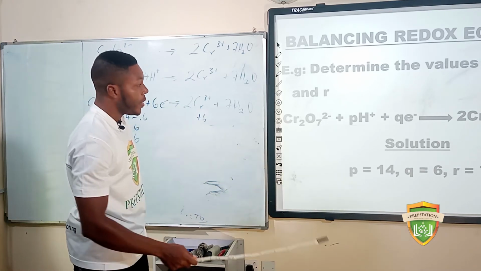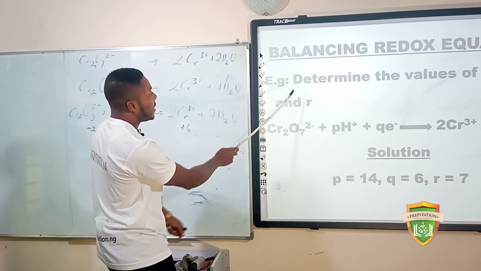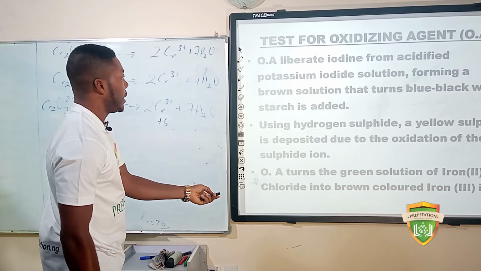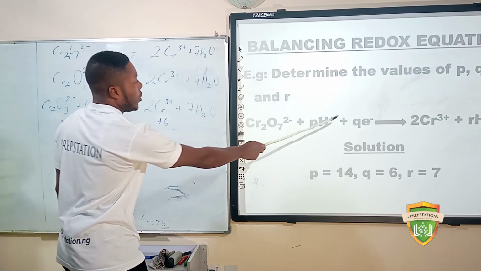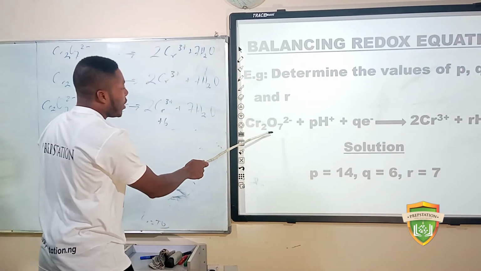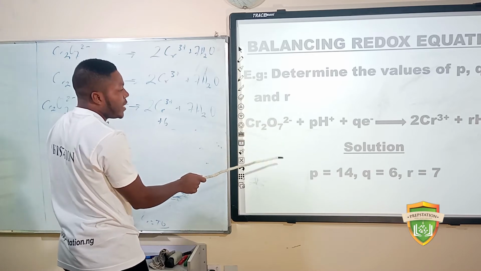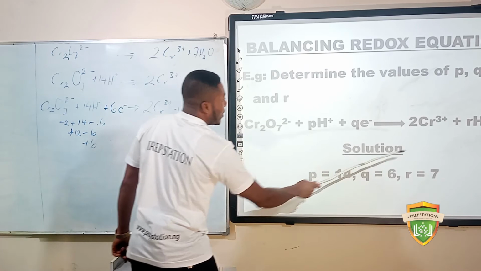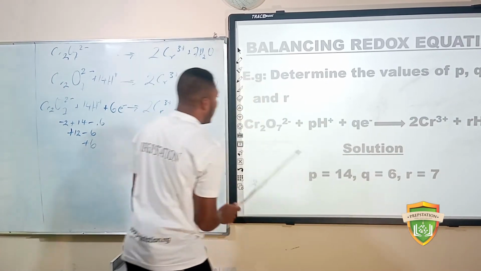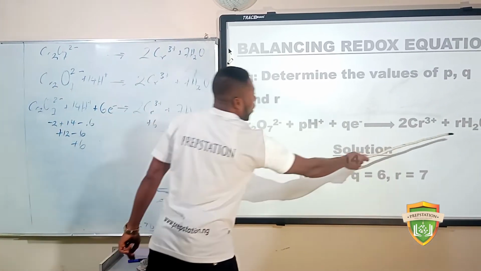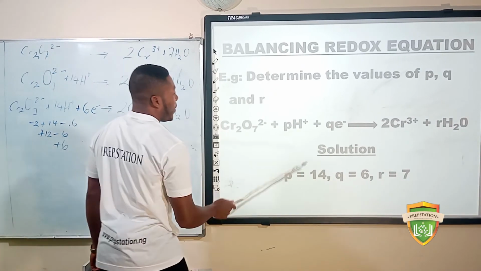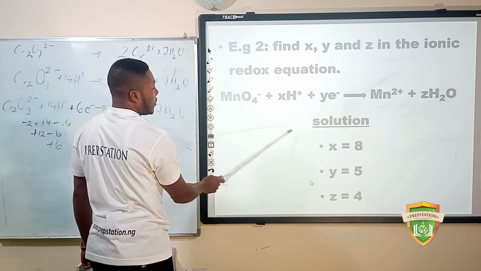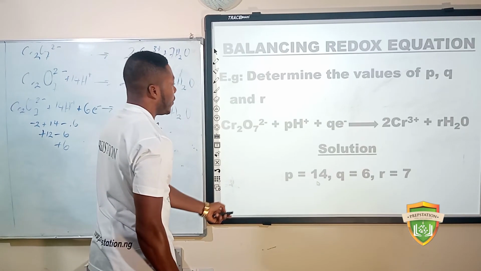If you look at the equation here, they say determine the value of P, Q, and R. So we use our oxygen here to get our 7. So 7 is here. 7 times 2 balances hydrogen, which gives us this 14.